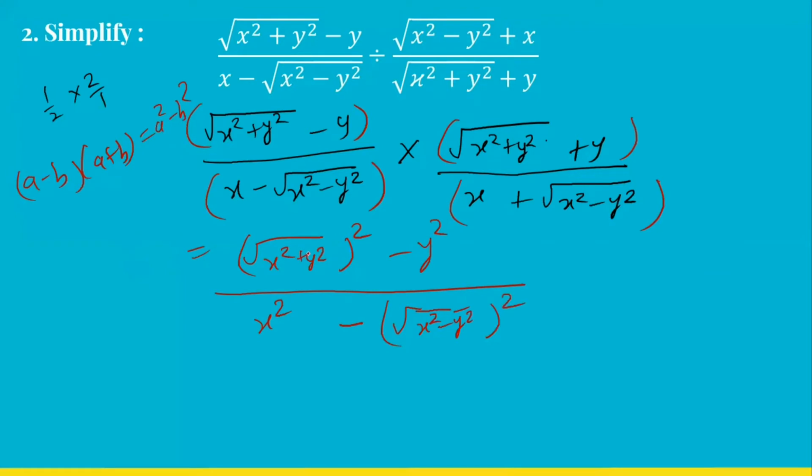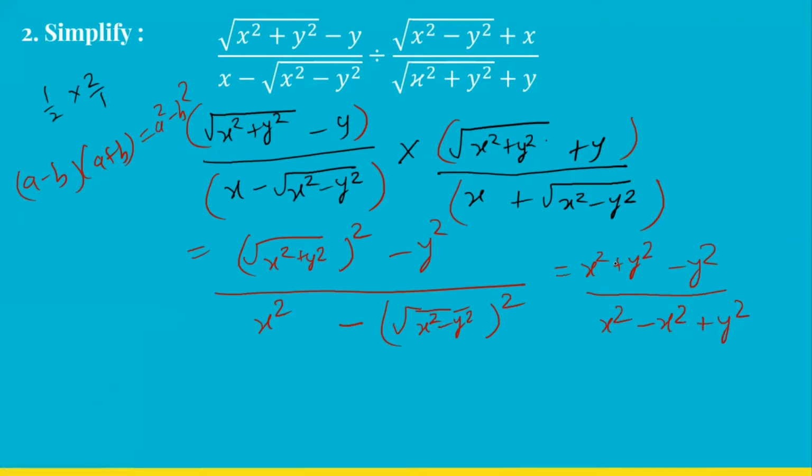When this comes out of the square, this becomes x square plus y square, and this is minus y square here. In the denominator, you have x square, and when this comes out of the root, this is going to be x square minus y square. So this is going to be minus x square, and minus of minus is going to be plus y square.